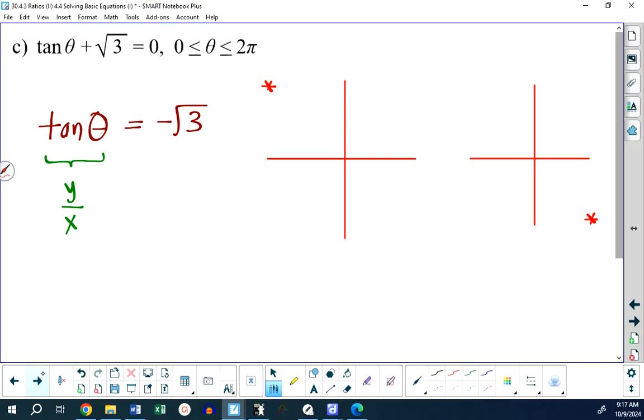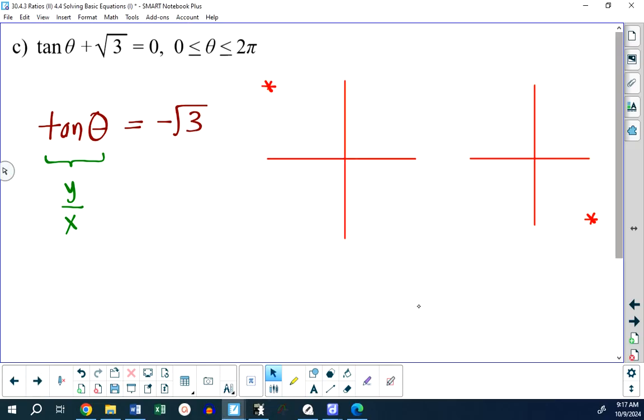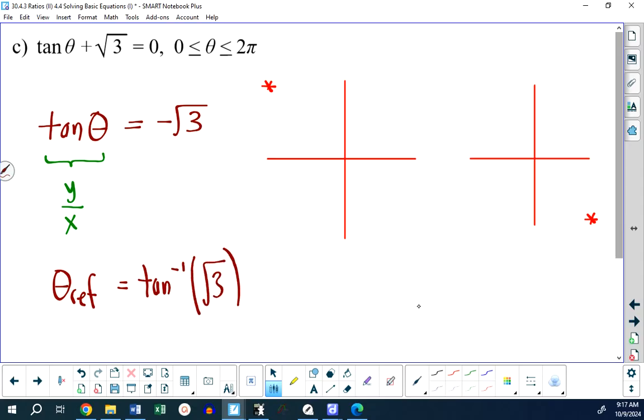Okay? So by the way, I better write this down. The reference angle will be the inverse tan of root 3, right? Not negative root 3, of just root 3. So what do we get?